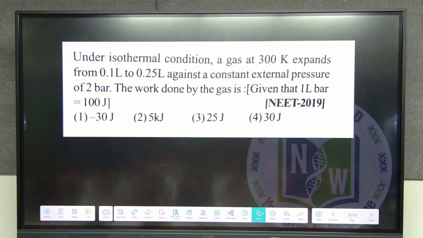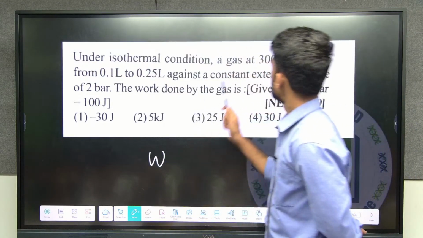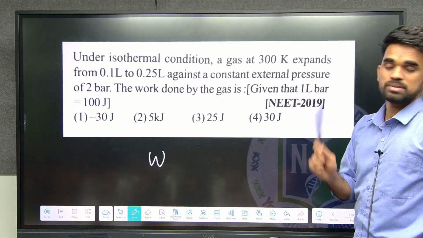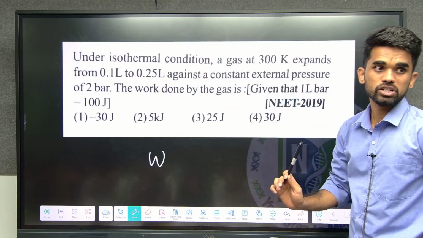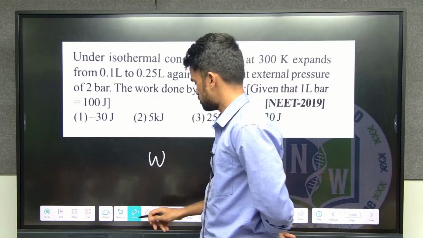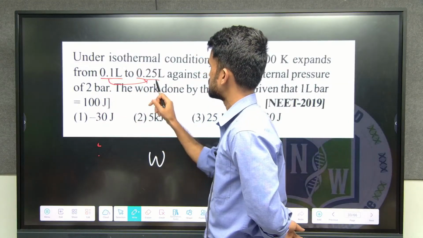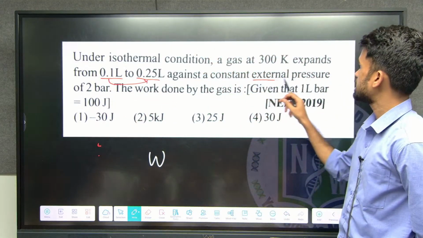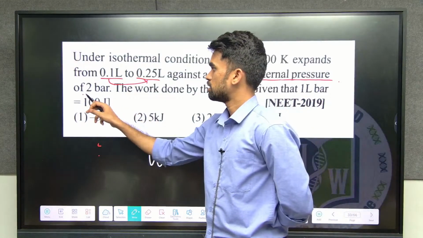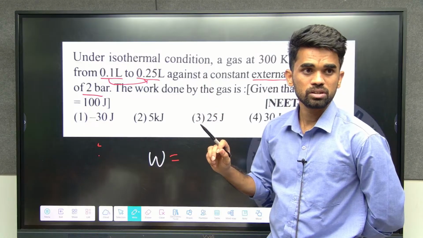What to calculate? Work done. So what is the data provided? Work done at 300 Kelvin means a specific temperature, isothermal condition. Change in volume is mentioned from 0.1 liter to 0.25 liters, against a constant external pressure of 2 bar. So what is the work done that relates pressure and volume change?